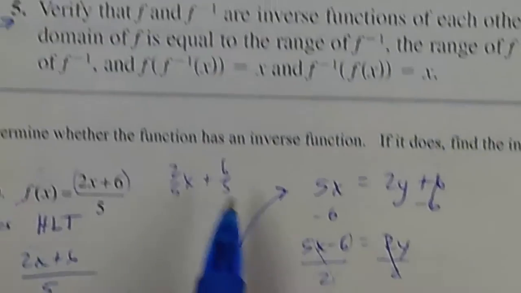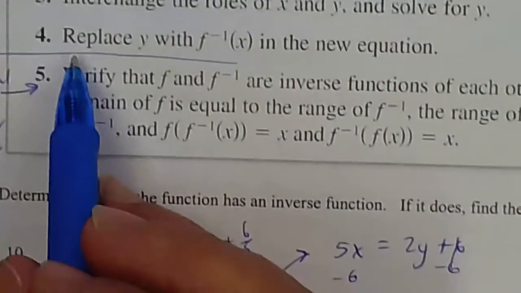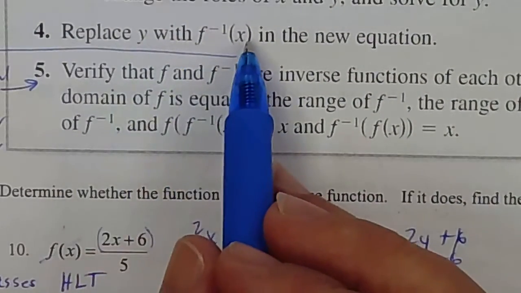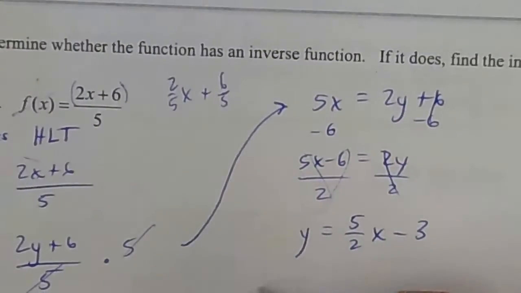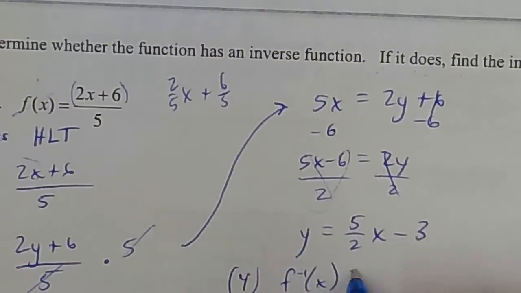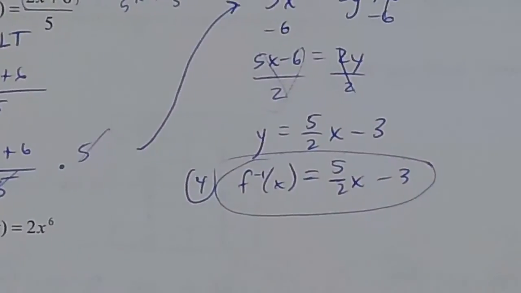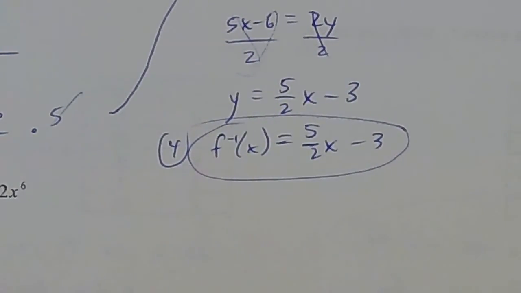Step 3 is always going to be the longest step. Step 4 just says replace y with the inverse notation in your new equation. So here's step 4. Okay. All right, I'll show you option 5.